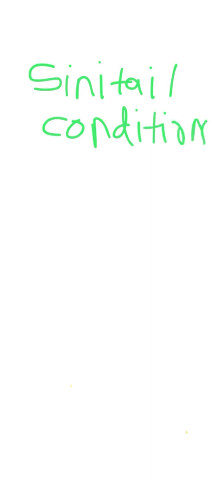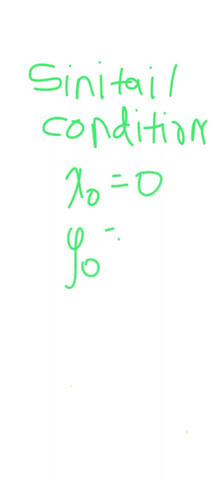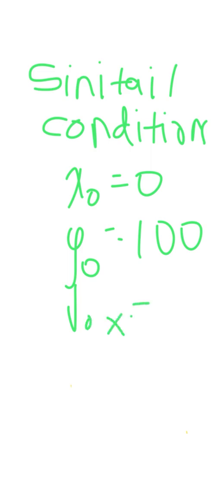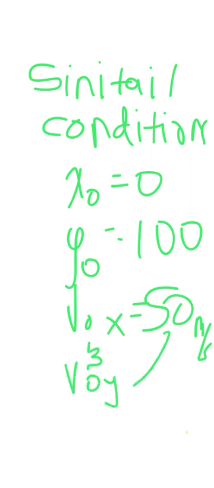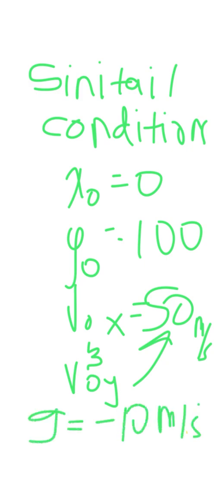These conditions are x0 equals 0, y0 equals 100, v0x equals 50 meters per second, and also v0y equals 50 meters per second, and g, we know g, negative 10 meters per second squared. So these are the 5 initial conditions that were given about this problem about projectile motion.